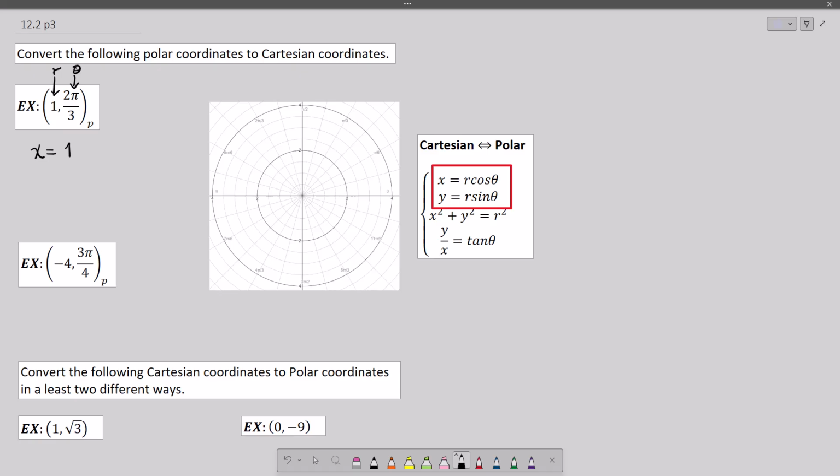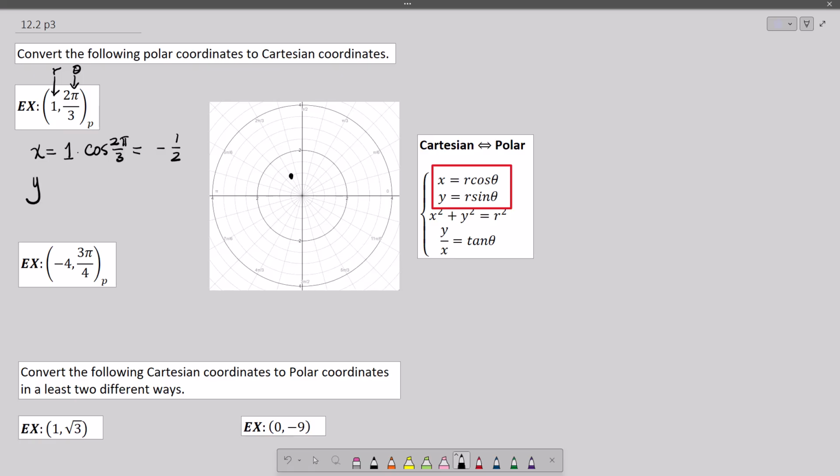So it's going to be 1 times cosine of 2 pi over 3. Cosine of 2 pi over 3 is negative half. So this is going to be negative half. Let's label it on here. So 1, there is our point right here. So 2 pi over 3, 1.